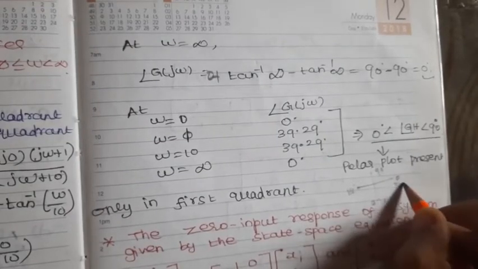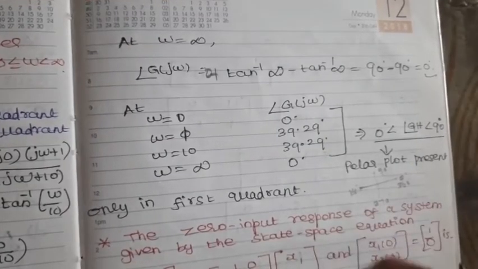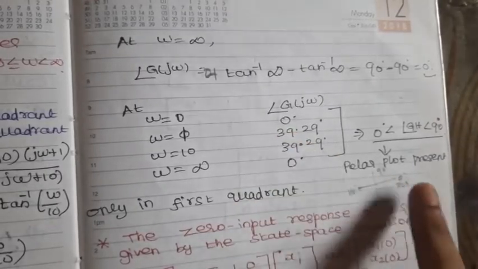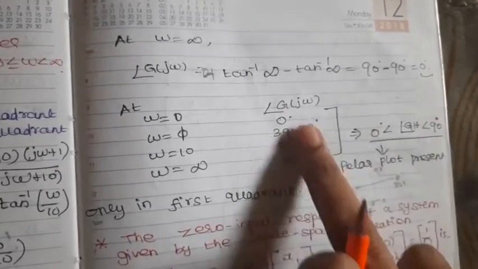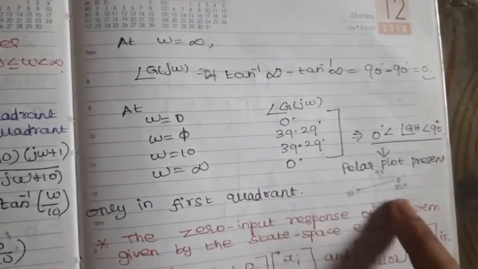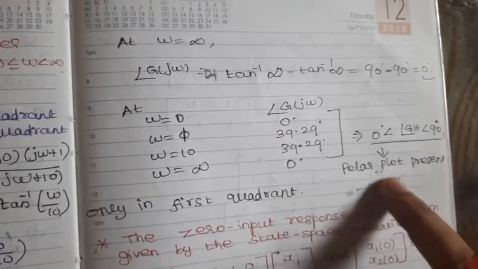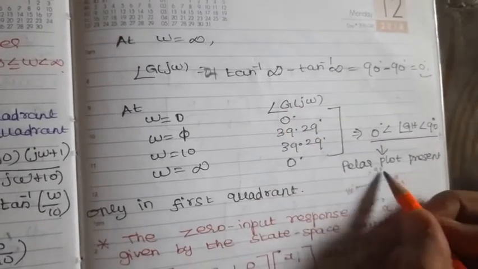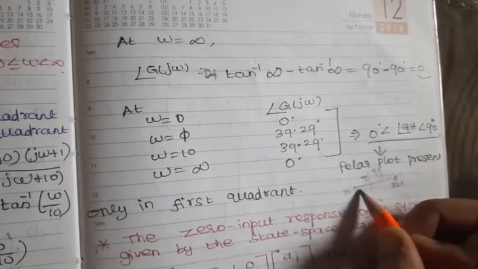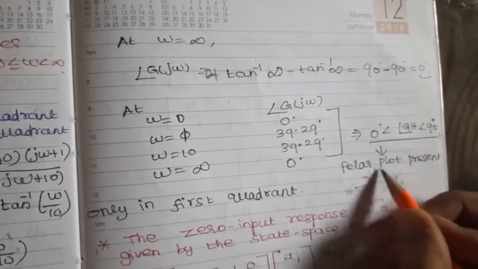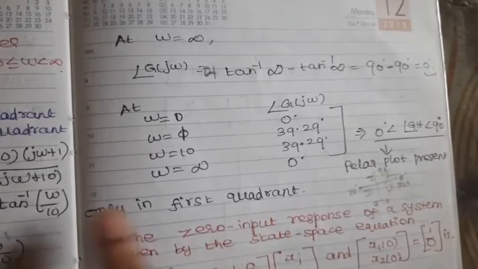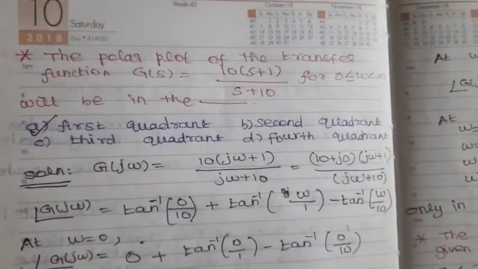This is 360 degree also, 360 and 0 degree are the same. So this will be located between 0 and 90 degree. For different values of omega we are getting 0 to 90 degree only. So the polar plot, across the first, second, third and fourth quadrants, represents only the first quadrant. So the first quadrant is the right option.